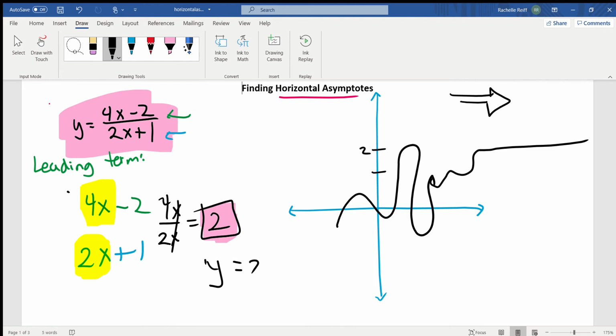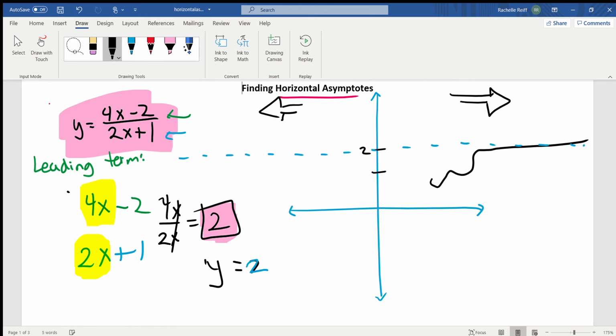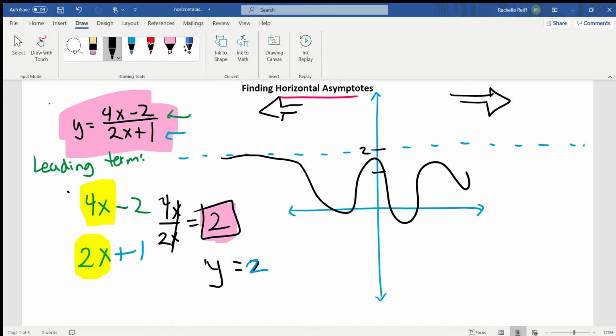Oh yeah, and same with the left side, right? That means eventually it'll start to look like 2. So as you can see, eventually it gets closer and closer to the line y equals 2. I don't know what happens in the middle. You can try plugging stuff in to get it, but eventually it's probably going to look like something like this on the right side and the left side.